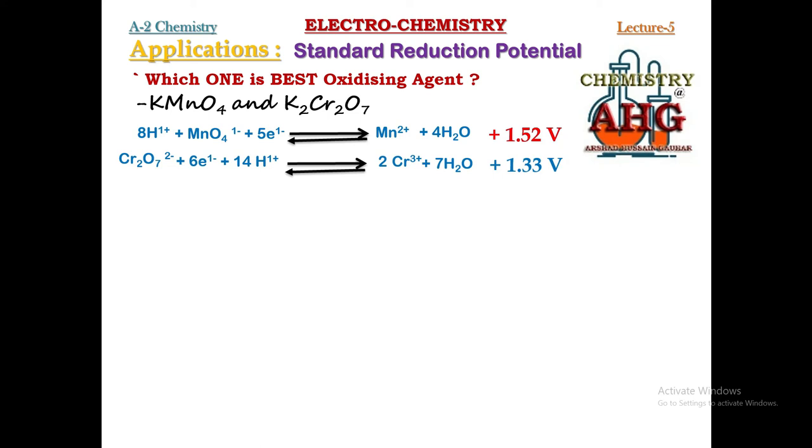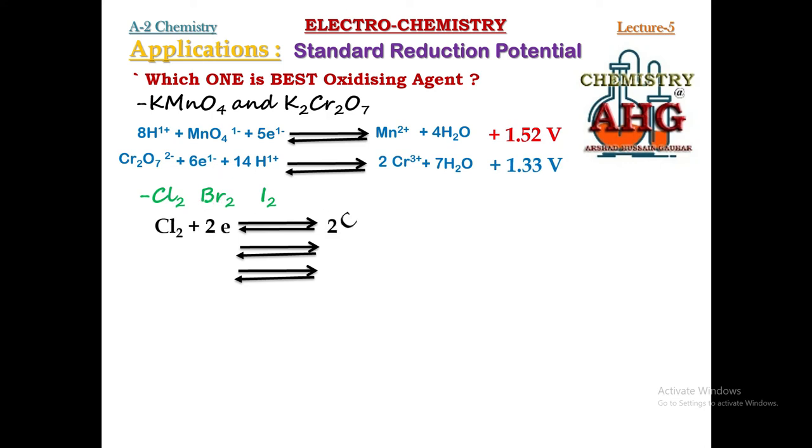Likewise, another question from your past paper: if you look at group 17 elements, chlorine, bromine, iodine, the question can be asked, what is the trend of oxidizing nature from chlorine to bromine to iodine? Again, what you will have to do is pick from the data booklet the half equations for chlorine, bromine and iodine, and you will also note down the standard reduction potential for these three half cells, and then you can make a comparison.